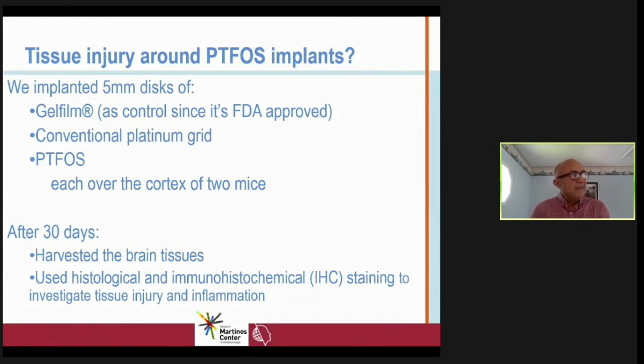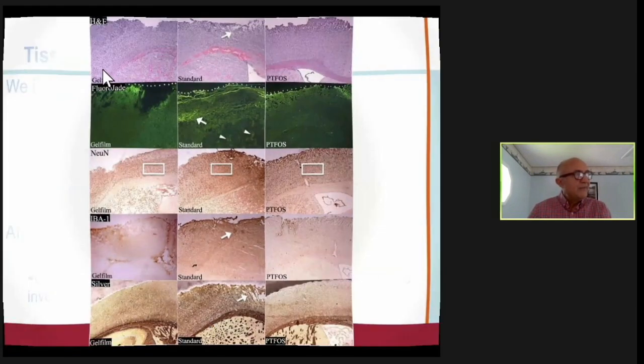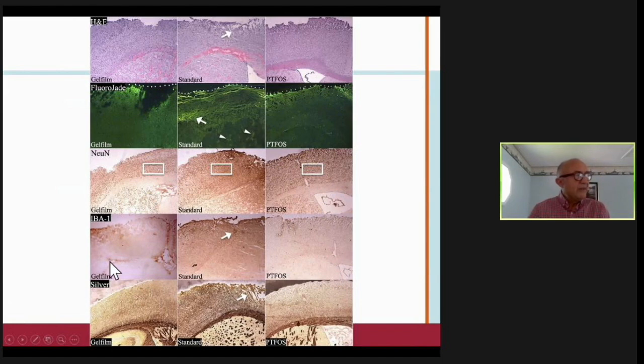Then we compared the case of the gel film, which is the control, just the biomaterial used in surgery since many decades, the conventional commercial grid, and now PTFOS. So this is the gel film only in the first column. The second column is the commercial grid, and this is our PTFOS.